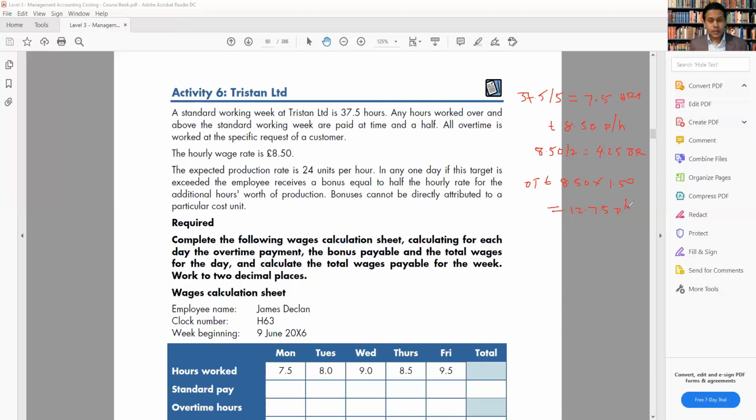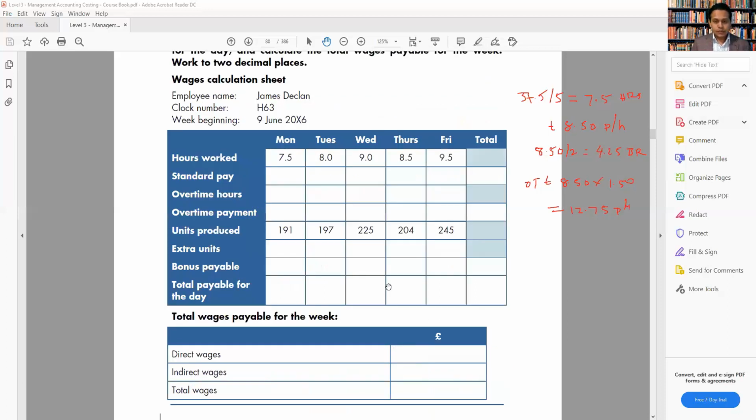We are doing all the workings because if we scroll down, maybe we're not going to see the question. So that's why we try to do some workings. Now let's have a look. Hopefully you have the information. Let's do from Monday. So standard payment, how much will be the standard payment here? Can you do that? 7.5, and the per hour will be 8.50.